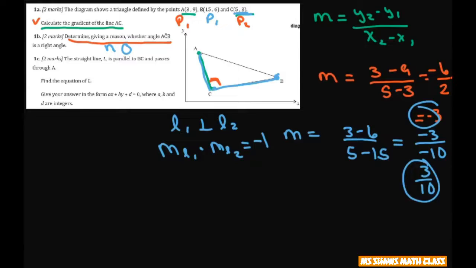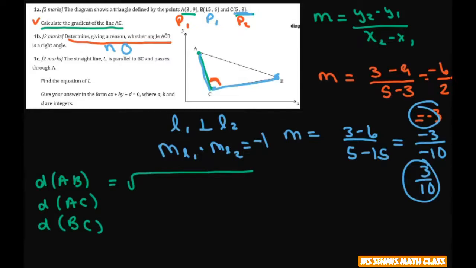Another way to do it is through the distance formula. And you can find the distance of AB, distance of AC, and the distance of BC. And you use your distance formula. For AB, you're going to get 3 minus 15 squared plus 9 minus 6 squared. And that's going to be square root of 153.